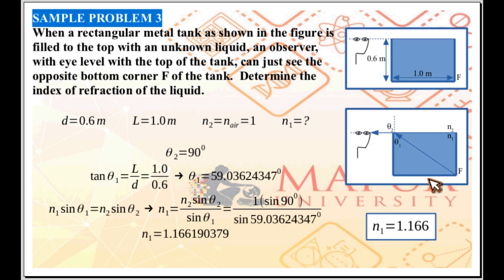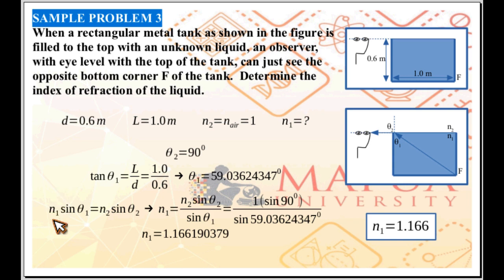Using the geometry of the situation, for theta 1 we can use tangent of theta 1 equal to opposite over adjacent, L divided by d. Getting the inverse tangent, we are able to calculate theta 1, 59.03624347 degrees. We have angle of incidence theta 1, angle of refraction theta 2, and index of refraction n2.